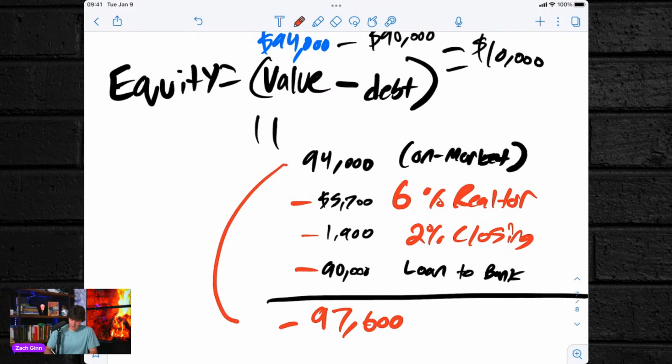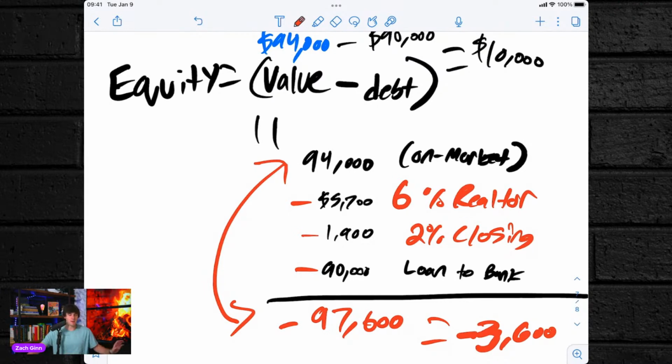You add that selling price on there, you are going to be in a negative equity position of $3,600, which means to sell this deal on the market, you're going to have to pay $3,600 out of your own pocket. You're going to have to pay to sell the property. And a lot of these deals that they paid high prices for, and then values go down 6% and they got that big loan, it's screwed, right?